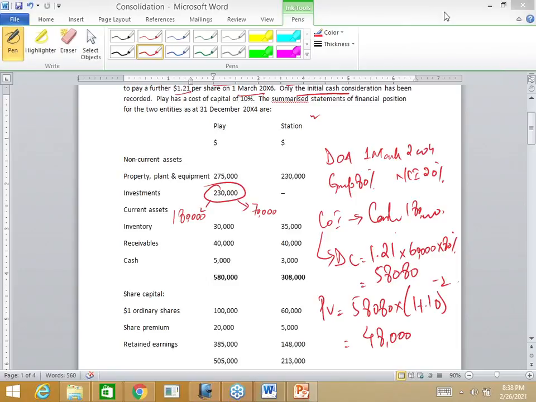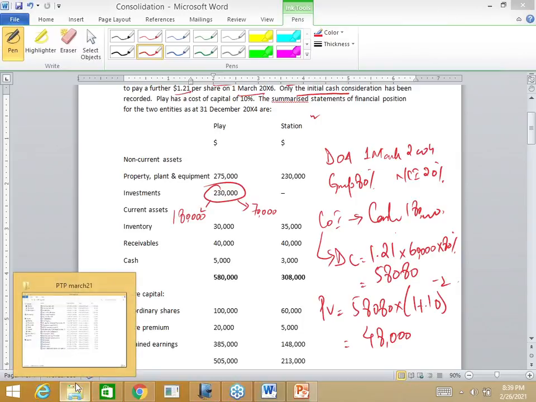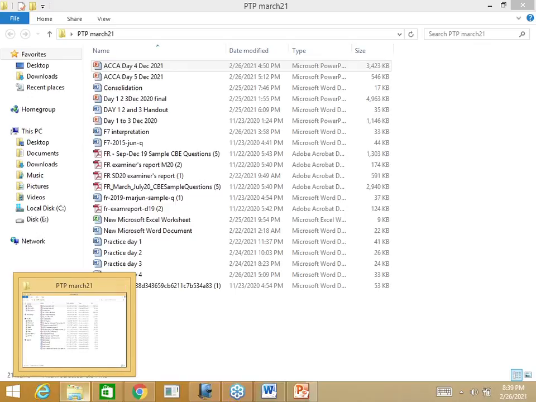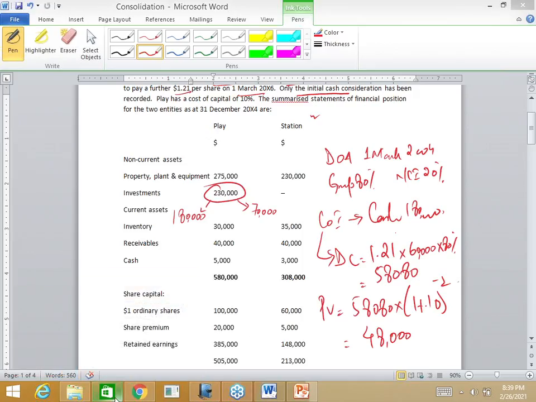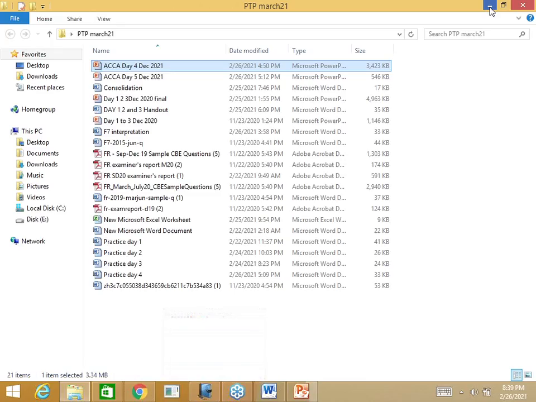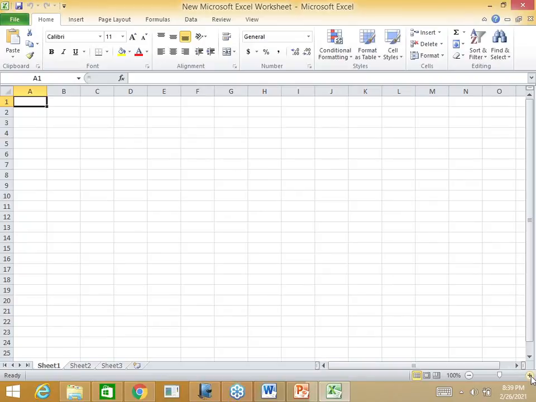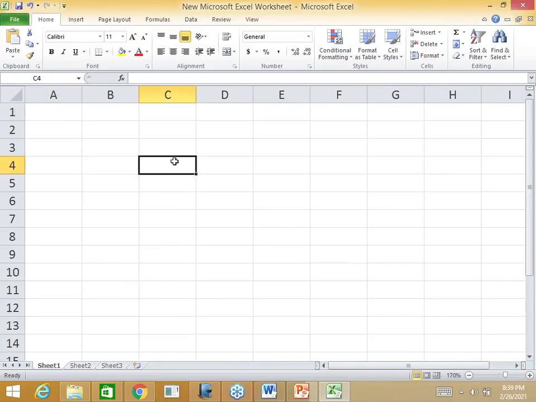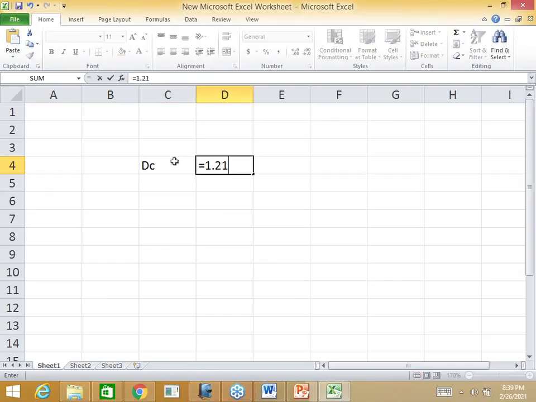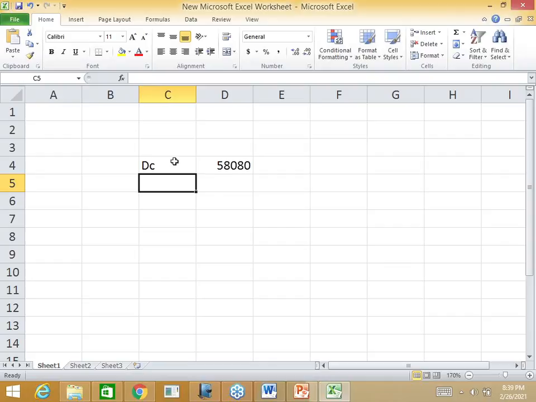Please guide how to calculate the deferred consideration in the formula cell. In the formula cell, calculating the deferred consideration is very easy. First of all, we need to open an Excel sheet. Here you can see the deferred consideration. The amount will be calculated as 1.21 into 60,000 into 80%. That's 58,080.